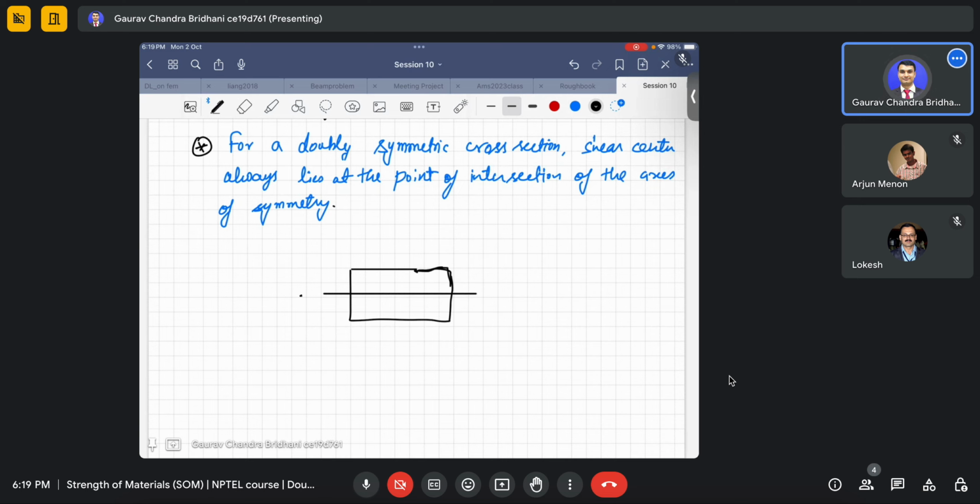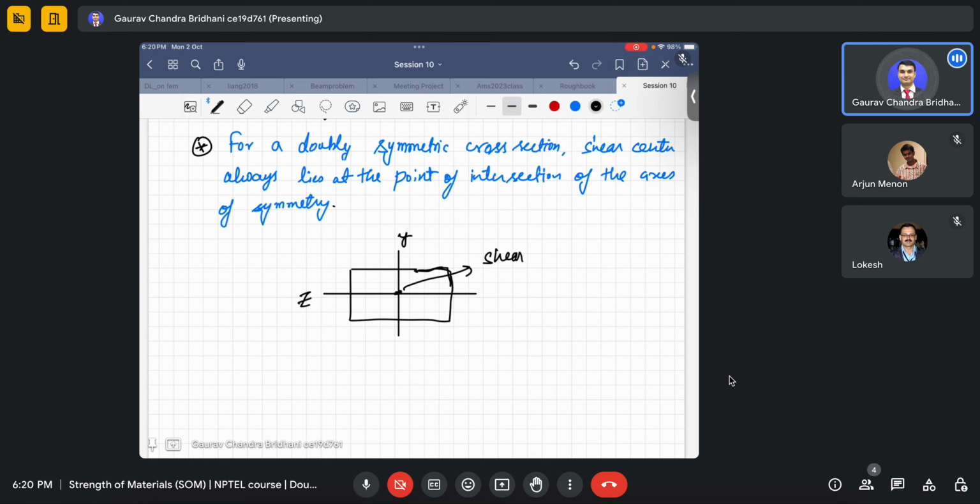One is the z axis and another is the y axis. About the z axis it is symmetric in this way, and about the y axis it is symmetric in this way. So the shear center lies at the point of intersection of the axes of symmetry. This is the point where the shear center lies.